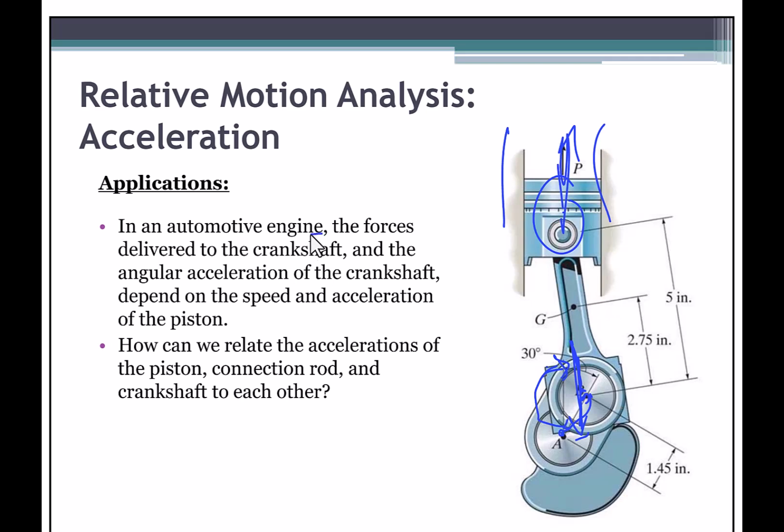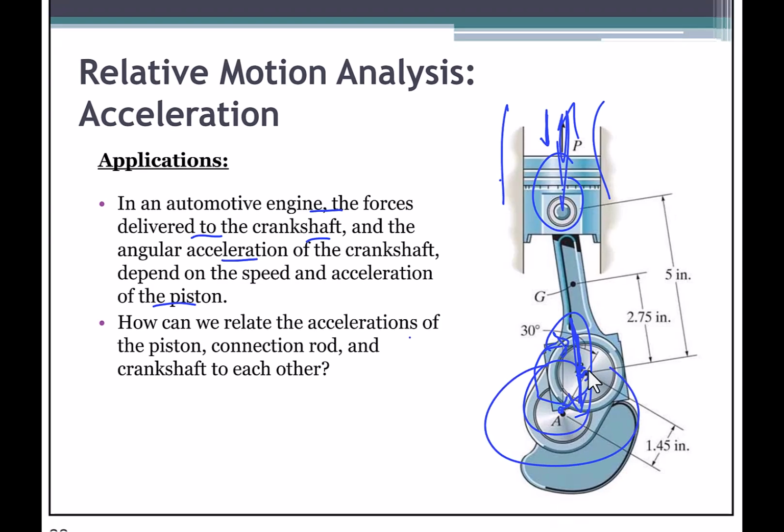So this is an automotive engine. The forces delivered to the crankshaft and the angular acceleration of the crankshaft depend on the speed and acceleration of the piston. The faster it gets, the more power I get in the crankshaft. The car's power is transferred using a gearbox to the tires. So how can we relate this acceleration of the piston to the acceleration and power delivered to the wheels?